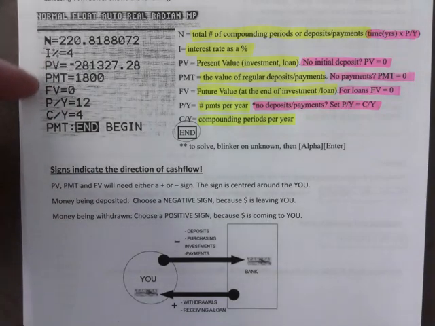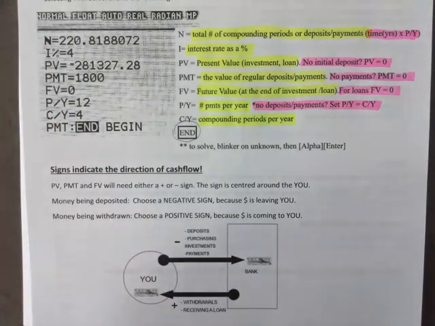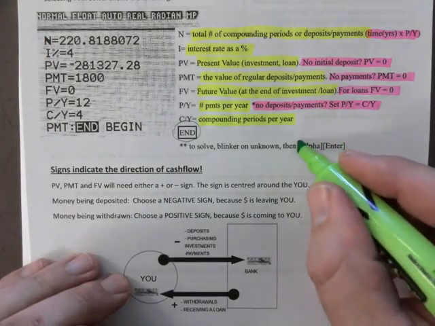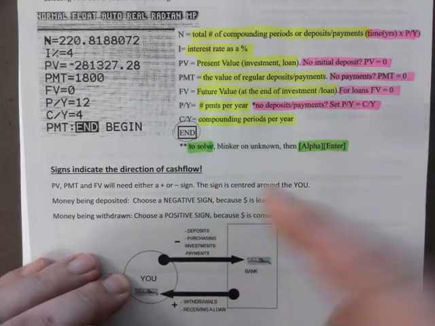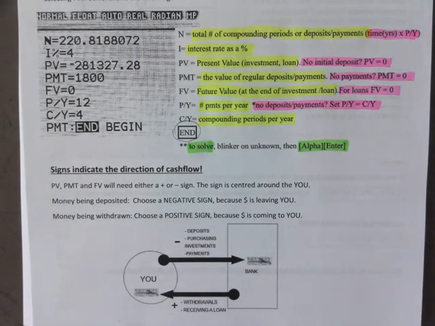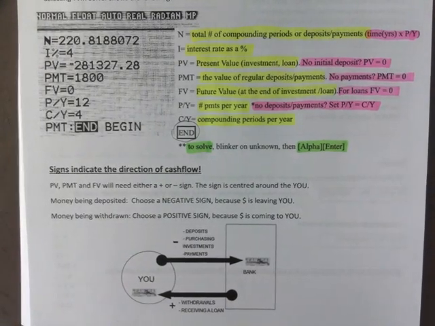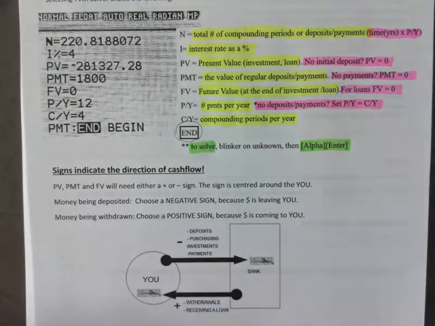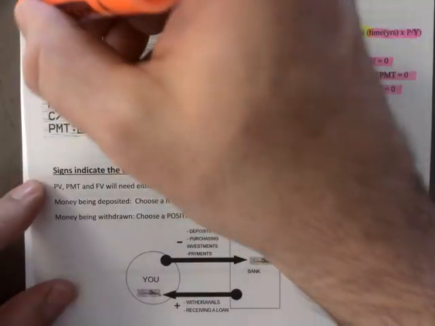You go to the unknown that you want to solve for with the blinker, and then press alpha enter, and you get the answer. So please, I'm going to give this whole thing a nice highlighter here.